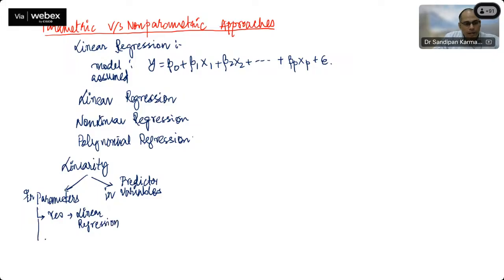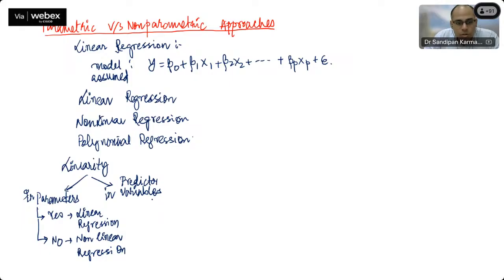Otherwise, if no, then we call it non-linear regression or generalized models, and many kinds of names are there. I'm not interested in that. In machine learning we are generally not going into this kind of non-linear regression.